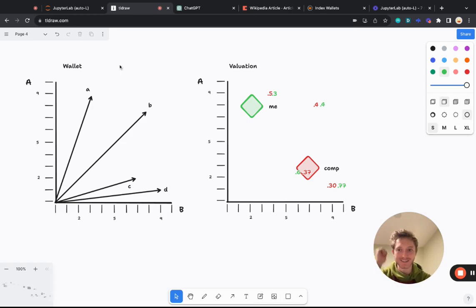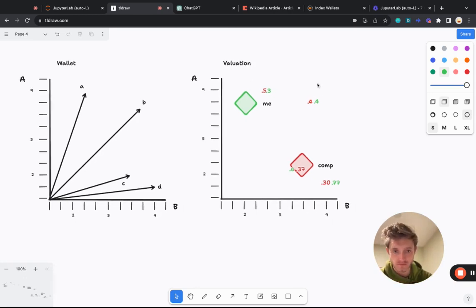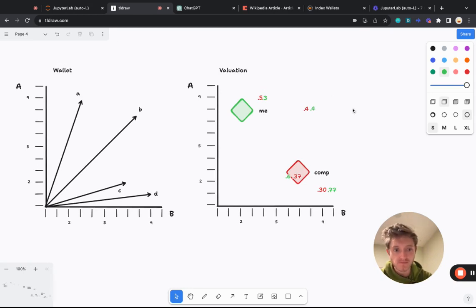Makes me want to get TLDraw, like start programming with TLDraw, as like a visualization tool. What's it like?